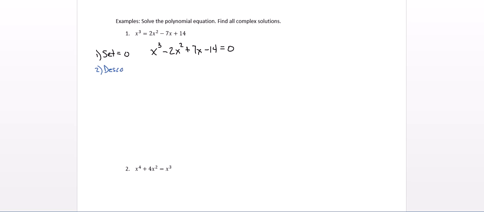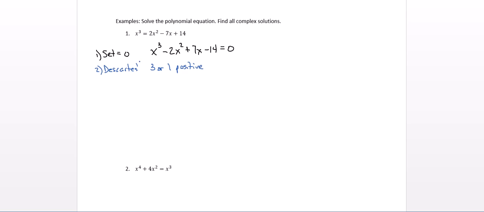Second step, I'm going to look at Descartes. Now the changes in sign: we'll have a positive to a negative, so that's 1, 2, 3. And we'll have 3 or 1 positive real zeros.